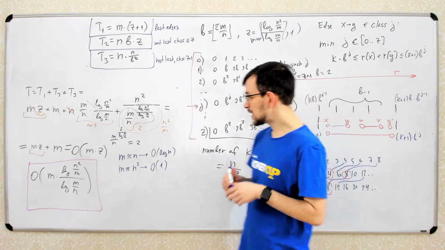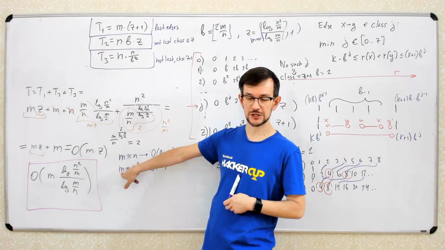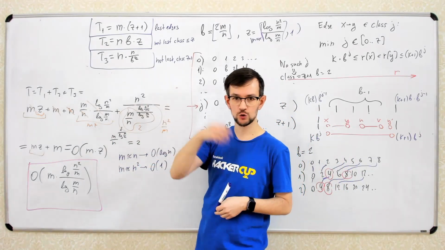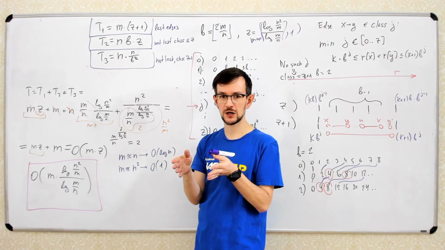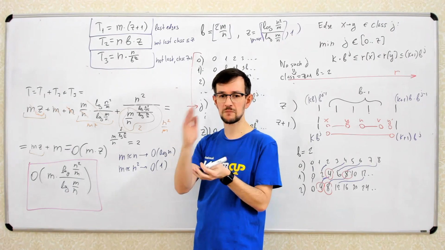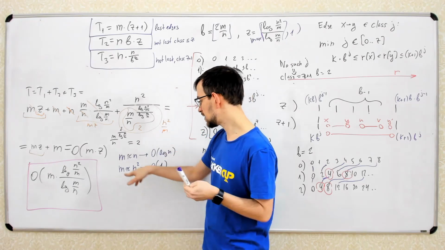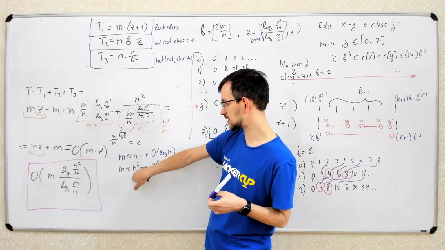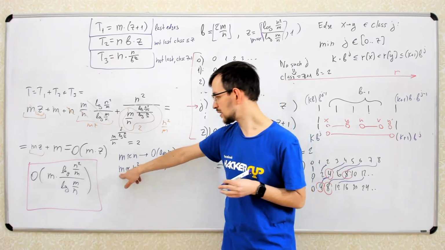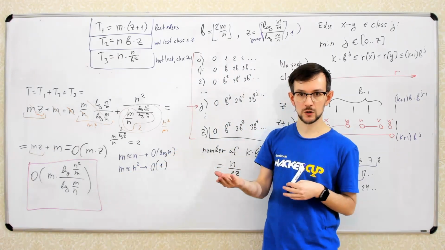What does it mean? It means if you have a lot of find queries to your union find data structure, even if you don't make any heuristics and you make only path compression, then if the number of your find operations is at least n squared, the time complexity of each find operation will be constant.